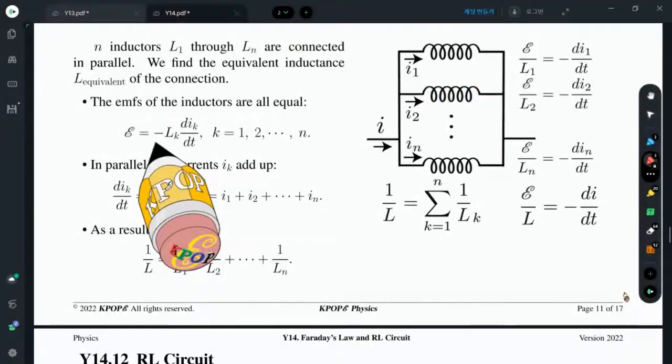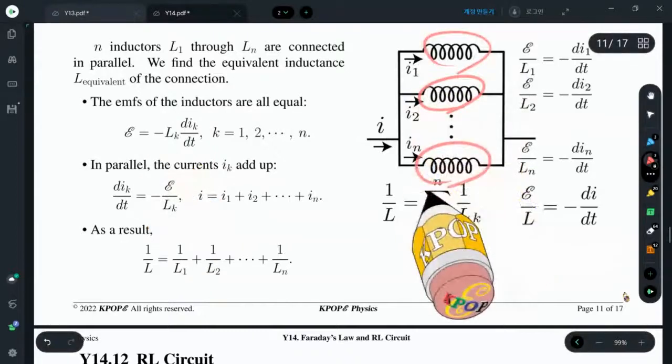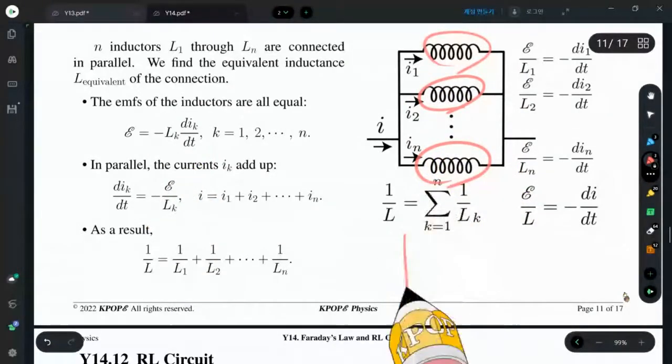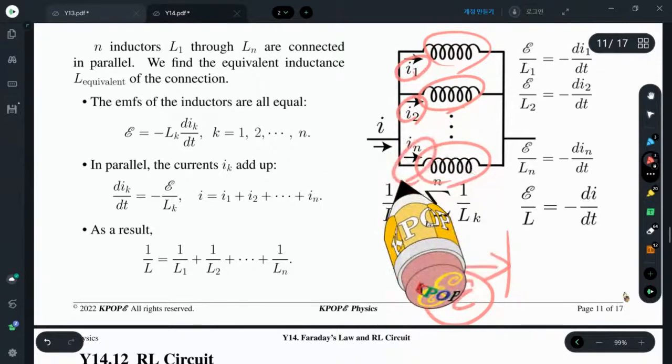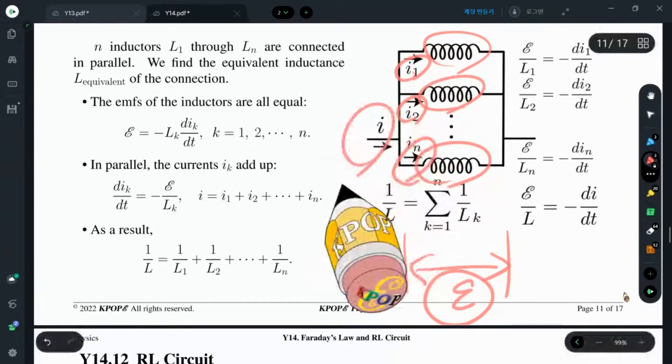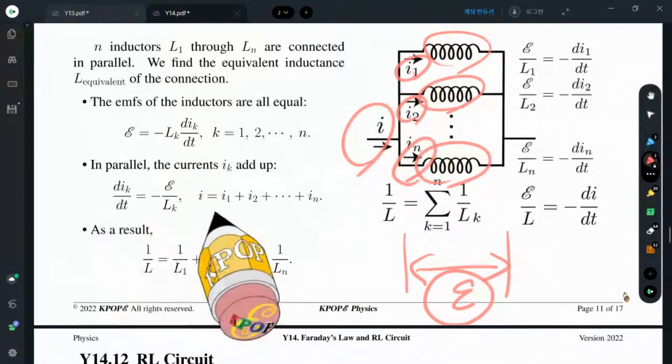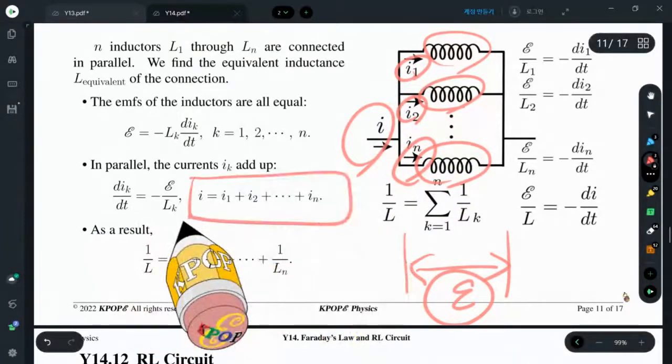And in here, we have a parallel connection. The invariant one is E, which is constant. Now, current is divided into many pieces, and the sum of current should be considered. So, current conservation.